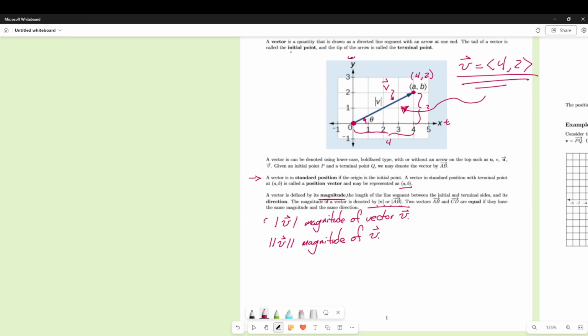So both of these notations mean essentially the same thing, but the double bars have fallen a little out of fashion because of typeface. But you'll see a lot of people use it, so some of your physics instructors especially may use it, some of your other math instructors may use it. So keep that in mind.